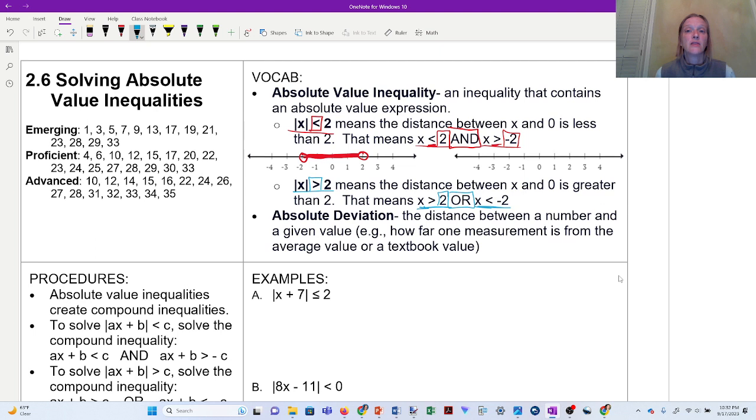Once again, the sign on the value that's not in the absolute value flips, positive versus negative. But when we're dealing with inequalities, we also change the inequality sign.